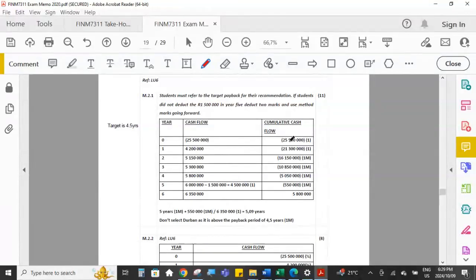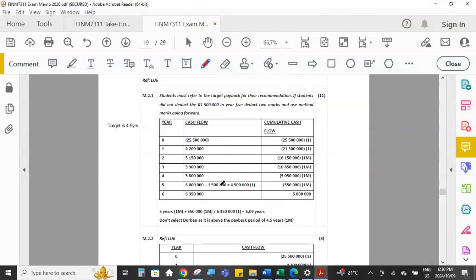So we can see negative 25.5 plus 4.2 million, negative 21.3, plus 5.150 million, negative 16. At the end of year 4's cash flow, we were still negative by 5.05 million.